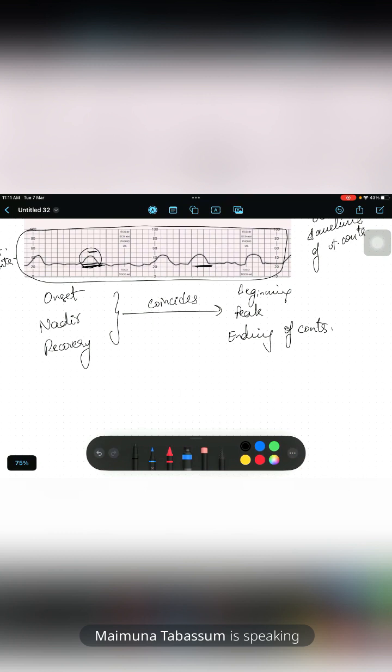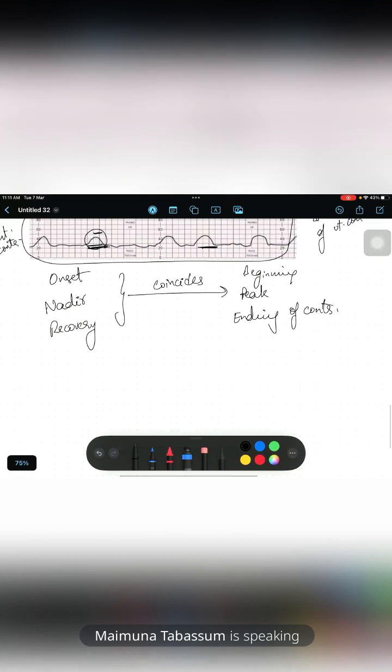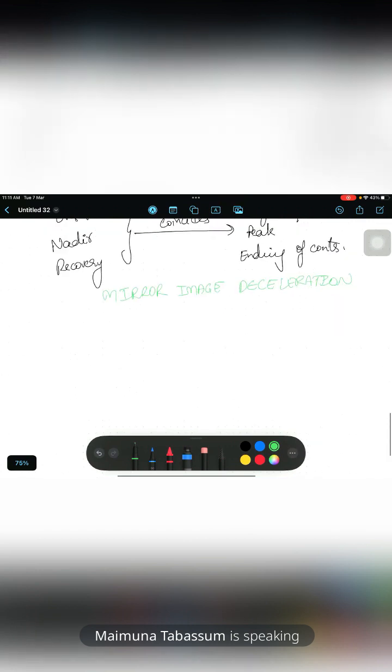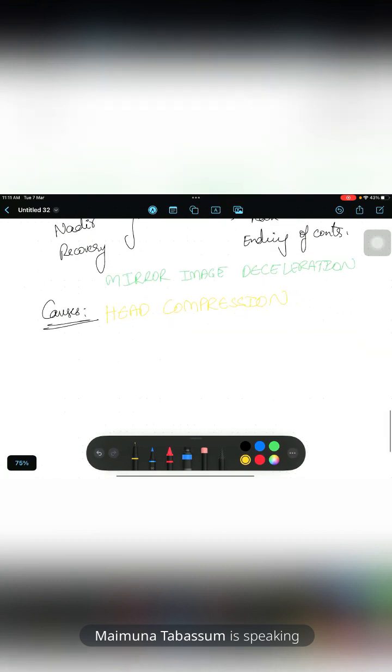This is also known as the mirror image deceleration. So what are the causes of the early deceleration? The most important cause is head compression. Usually this is normal in pregnancy when there are early decelerations.